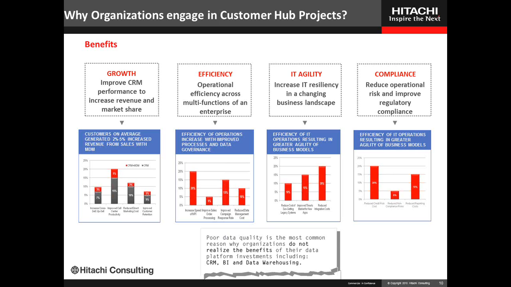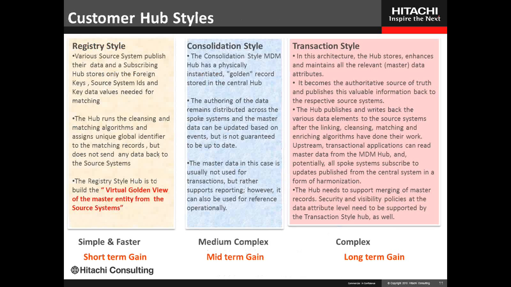So all this can be enforced using a customer hub, in addition to having the CRM and ERP applications. Poor data quality is the most common reason why organizations do not realize the benefits of their data platform investment, including CRM, BI, and data warehousing.